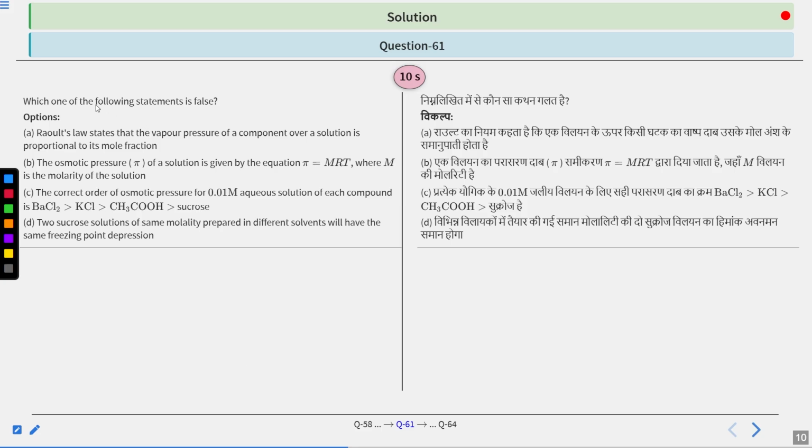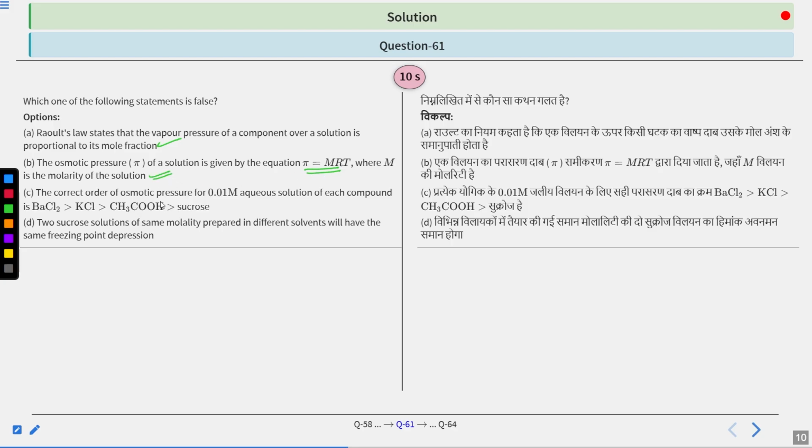Moving on to the next question, which one of the following statements is false? Options are A. Raoult's law states that vapor pressure of a component over a solution is proportional to its mole fraction. Option B. The osmotic pressure of a solution is given by pi equals MRT, where capital M is the molarity of the solution.